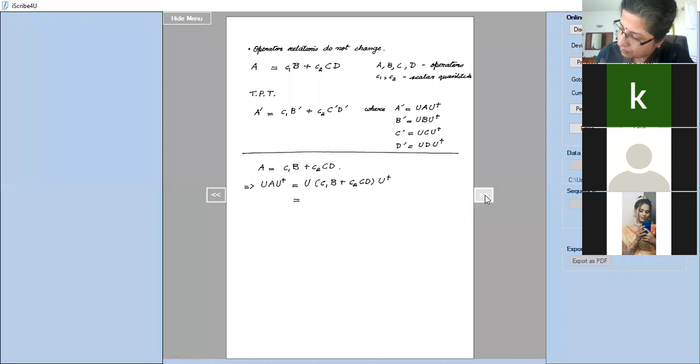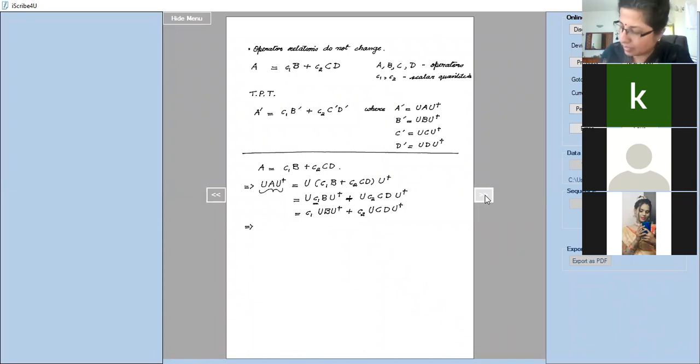Now this means I have U C1B U dagger plus U C2 CD U dagger. Okay, go further. This is a scalar constant, so this will come out. You will get C1 U B U dagger plus C2 U C D U dagger.